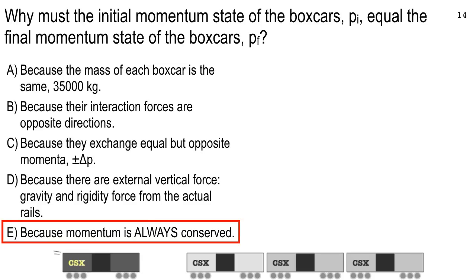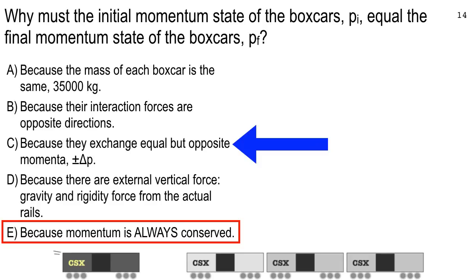momentum is always conserved, and why is it conserved? Because they exchange equal but opposite momenta. When you're talking about interactions, equal but opposite reactions, like Newton's third law, that's the famous phraseology of it. What you really want to think of, equal but opposite, are equal but opposite momenta exchanged.